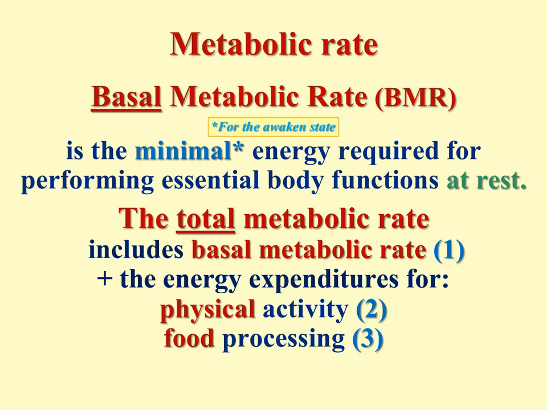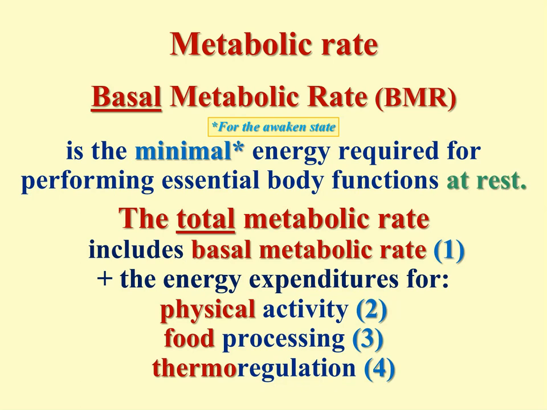Usually not much, but it depends on the composition of food. Especially proteins have the greater energy expenditure for their digestion and absorption. And last, the thermoregulation processes. In case of neutral, comfortable temperature, we don't need to activate processes of thermogenesis or processes of heat loss.